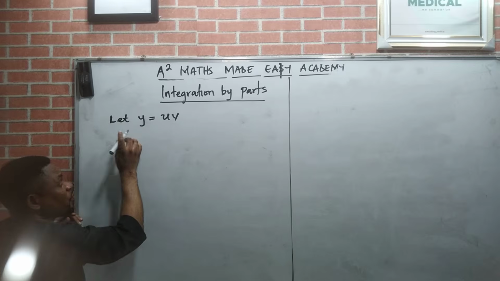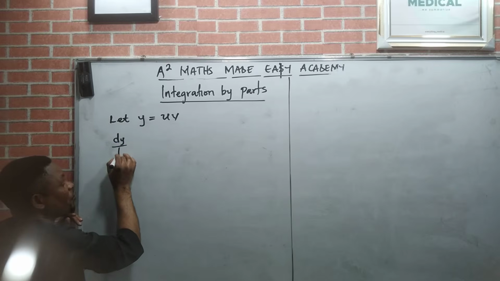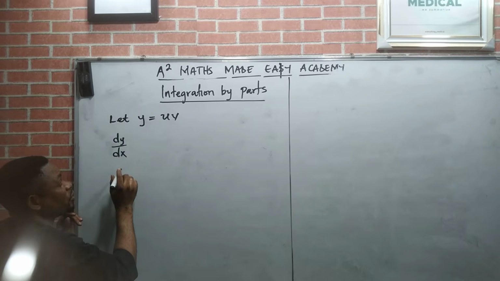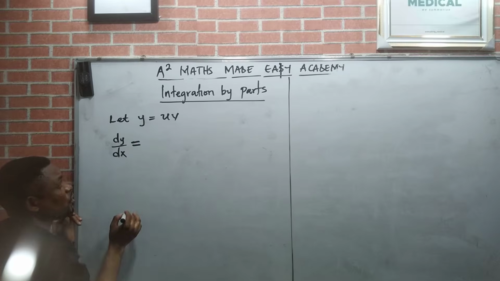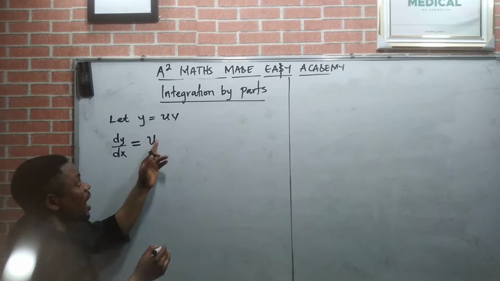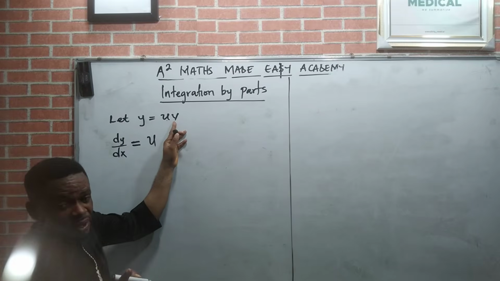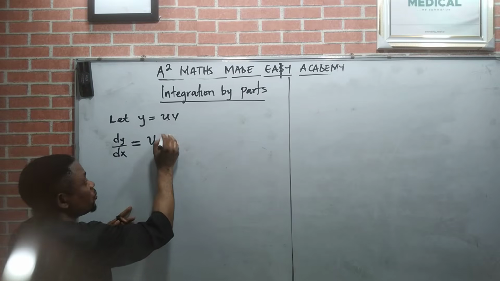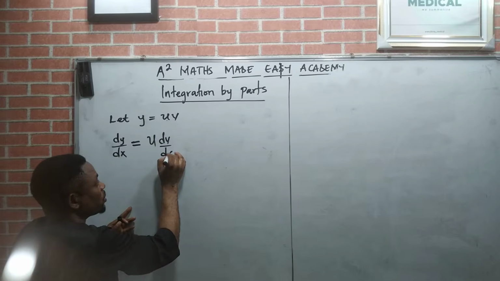If I differentiate y, it will give me dy over dx. Watch my previous videos. Then it is equal to, what is the criteria? You put the first one, u, constant and differentiate the second one, v, with respect to x. It will give you u dv over dx.